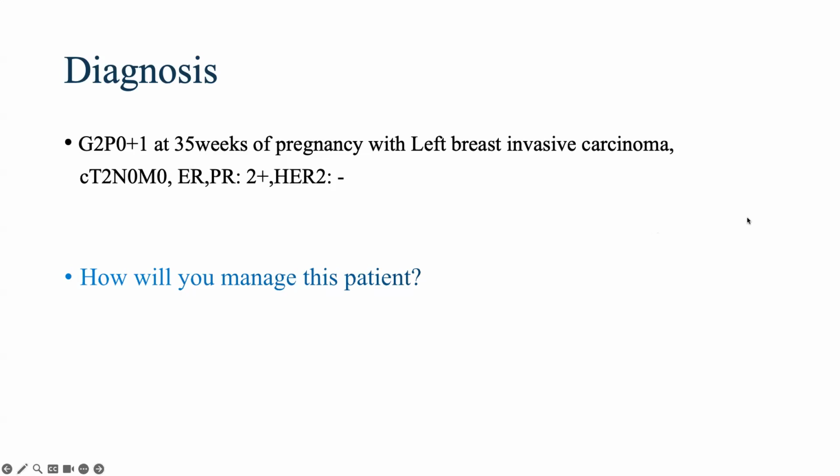The staging may change, and later on you want to know whether the mass is actually the 7 centimeter mass, whether there are any other masses not seen on the ultrasound, and whether we can do breast conservation surgery or mastectomy. Do you think by doing that you change your management at that moment?